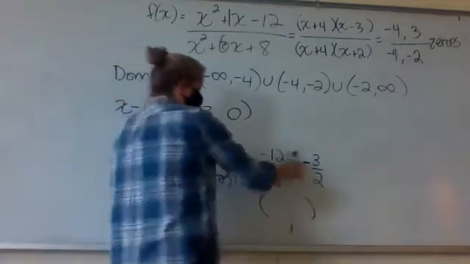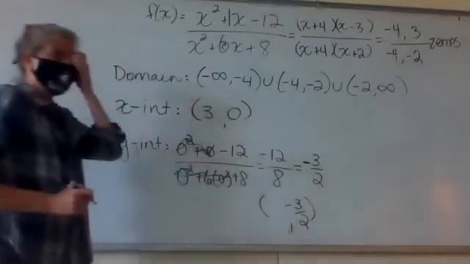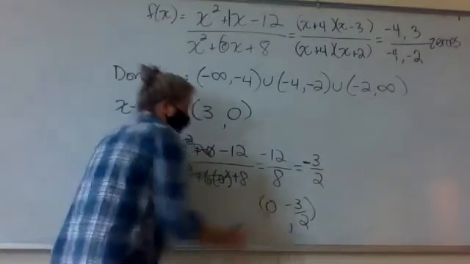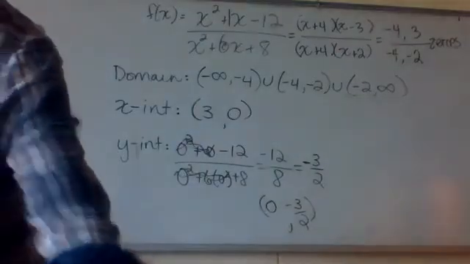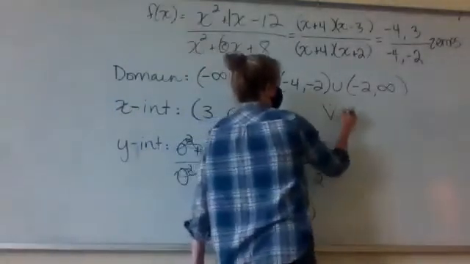So let's see. This is my Y coordinate, -3/2. And what is my X coordinate? What did I put in for all the X's? Zeros. So there's your Y-intercept, 0, -3/2. Now let's do my asymptotes.